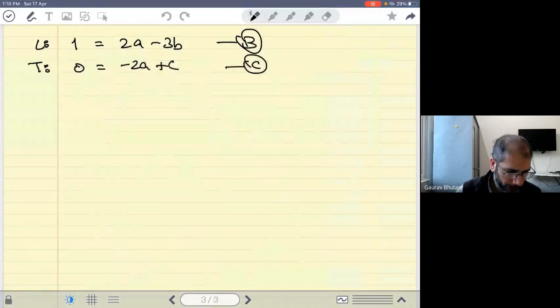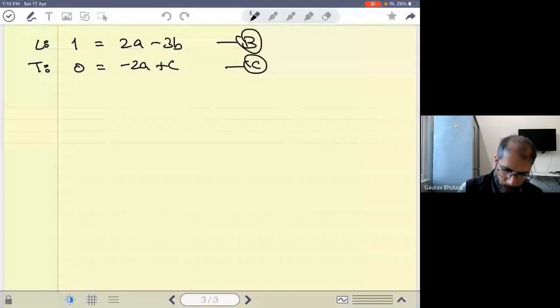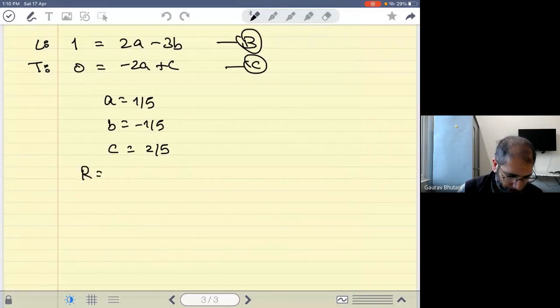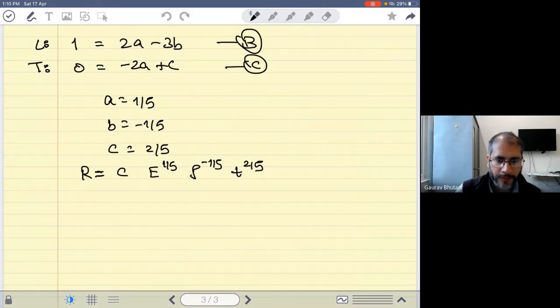Okay, so when we solve these equations, we get a equals 1 upon 5, b equals minus 1 upon 5, and c equals 2 by 5. So this r becomes some constant times E to the power of 1 by 5, rho to the power of minus 1 by 5, and t to the power of 2 by 5.